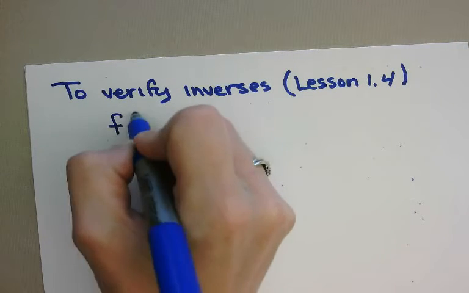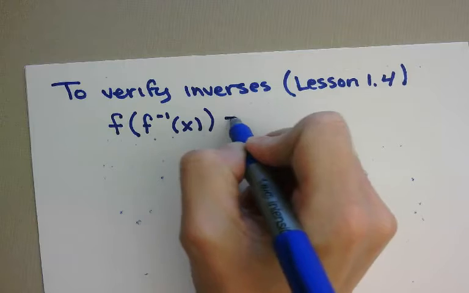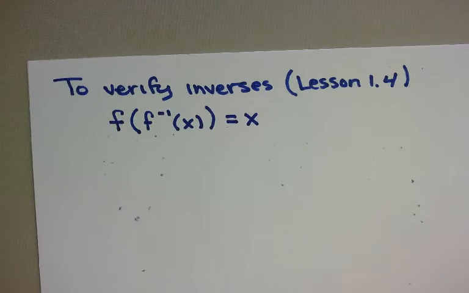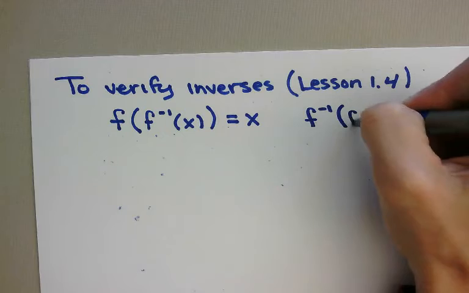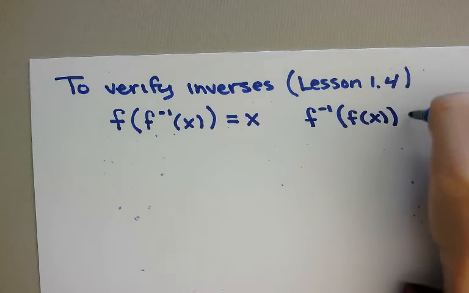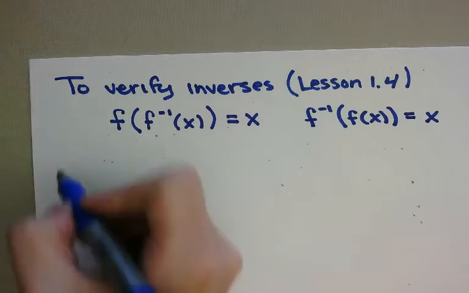When you do f of f inverse of x, it should simplify down to an x. And then you have to check out f inverse of f of x. And when it simplifies, it should also be x.